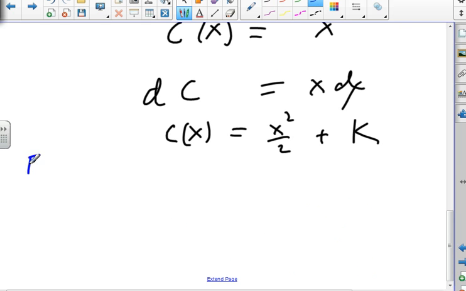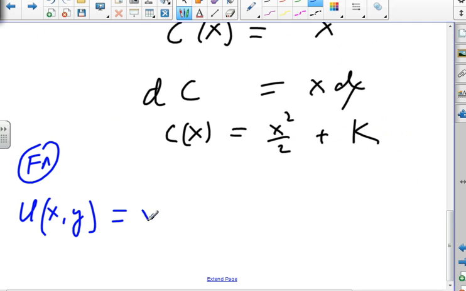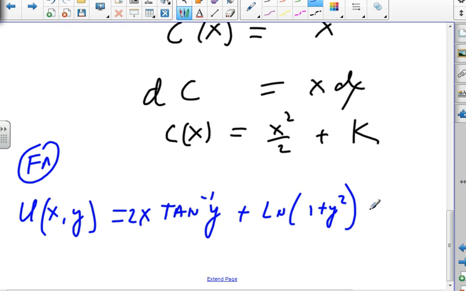Final answer. U of xy equals x arctangent y plus, why don't we make that 2? 2x arctangent y plus natural log 1 plus y squared plus x squared plus k.